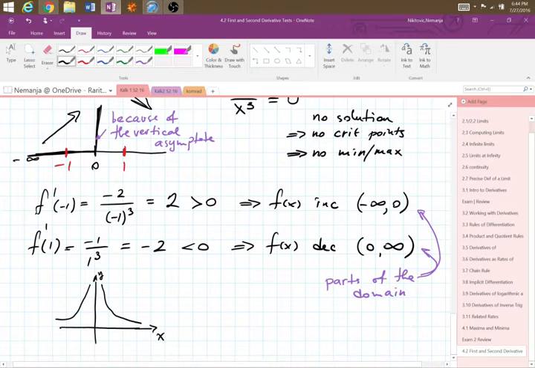So for positive values of x as the input, all of the values diminish, which means it's a decreasing function. So our first derivative test, even though there are no critical points to be a min and a max, the whole thing is designed for figuring out increase and decrease. And then as the byproduct, we figure out min and max once we have everything else calculated. That's the procedure.